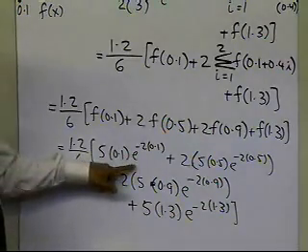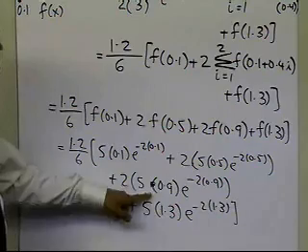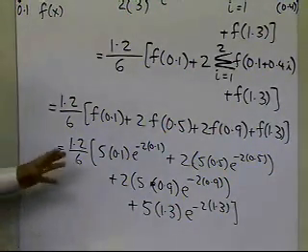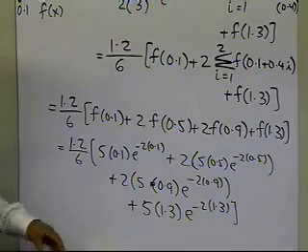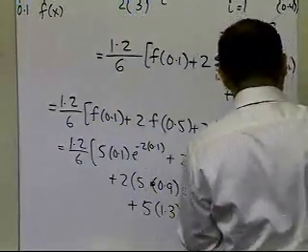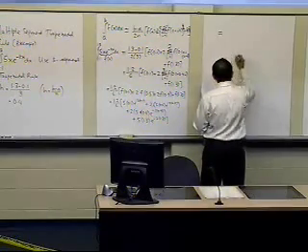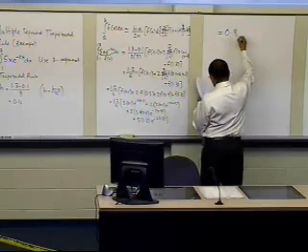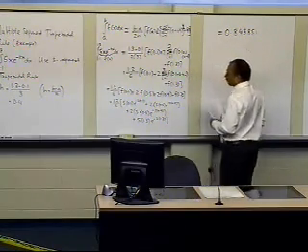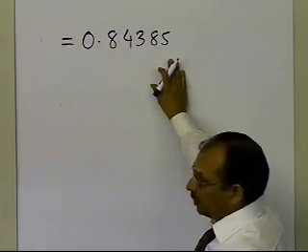So that's the value of the function at 0.1, at 0.5, at 0.9, and at 1.3, basically by substituting into the function itself. Once you do that, you're going to get the value of the integral, which turns out to be 0.84385. So that's what you get as the value of the integral by using the 3-segment trapezoidal rule on this function.